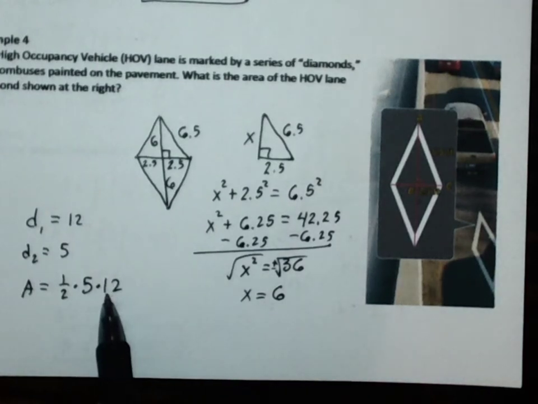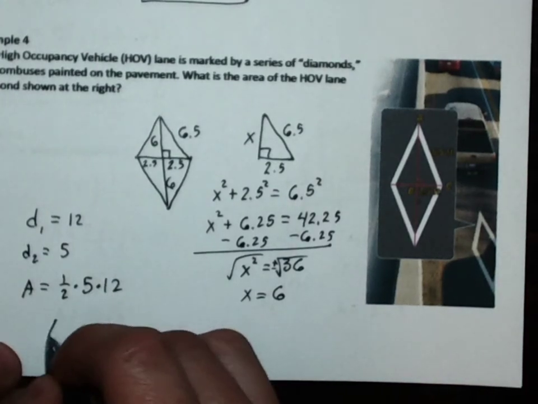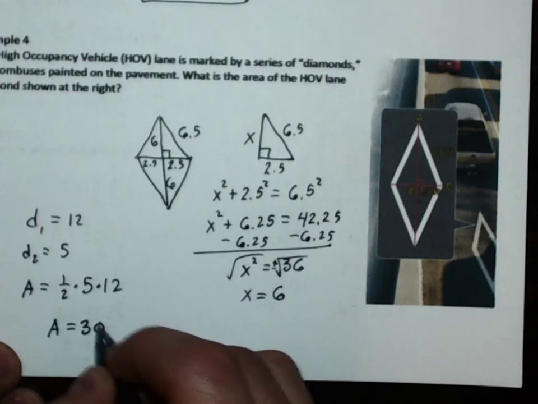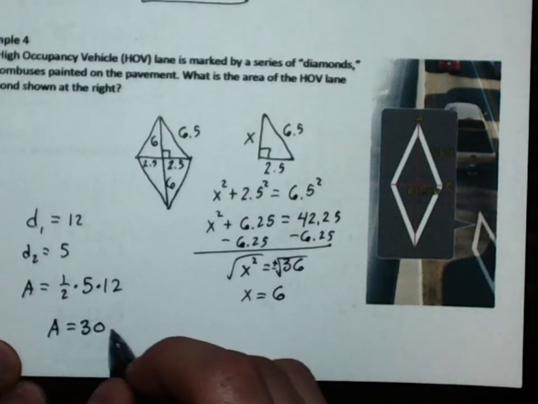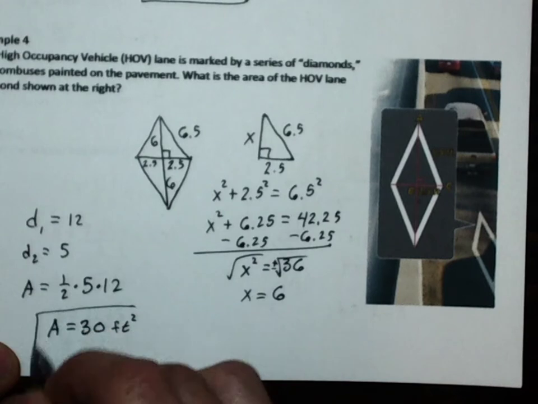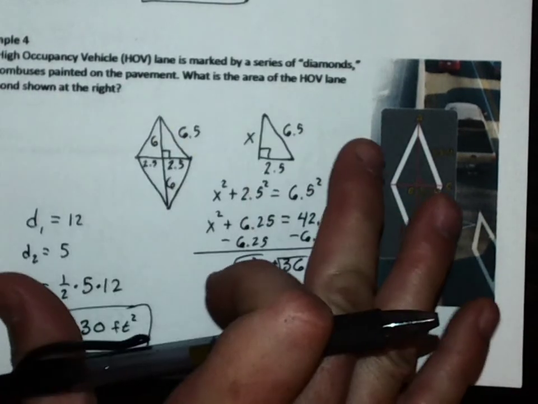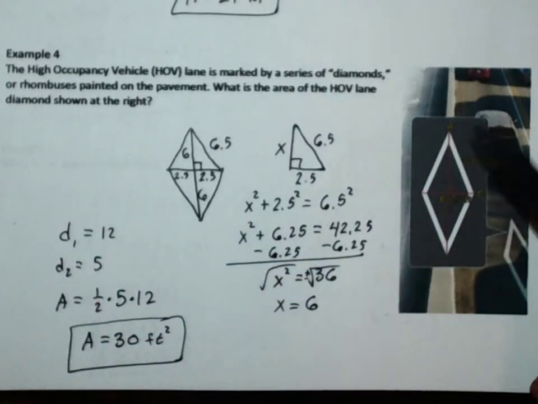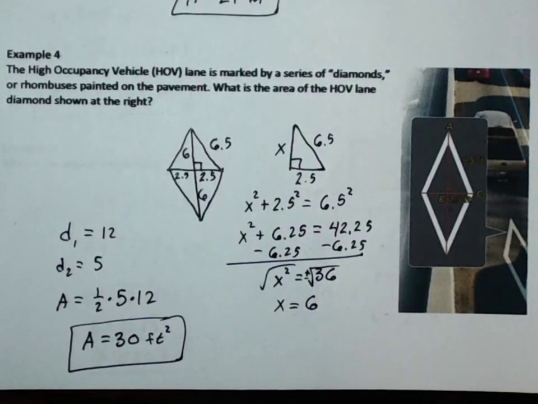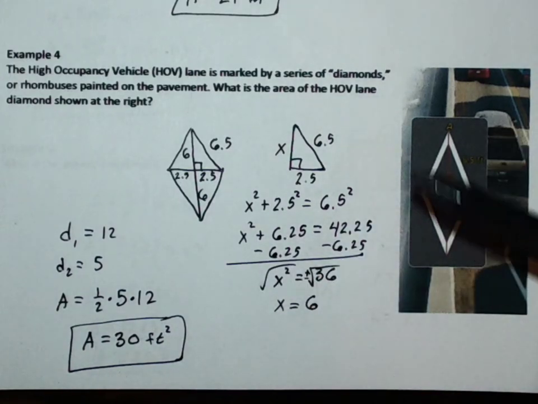Half of 12 is 6. 6 times 5 is 30. So that's in feet squared. So the area of the rhombus diamonds that you find on the HOV lanes, according to this, is equal to 30 feet squared.